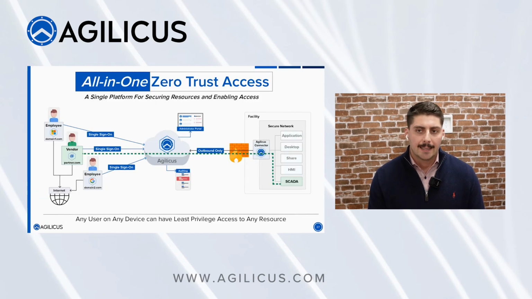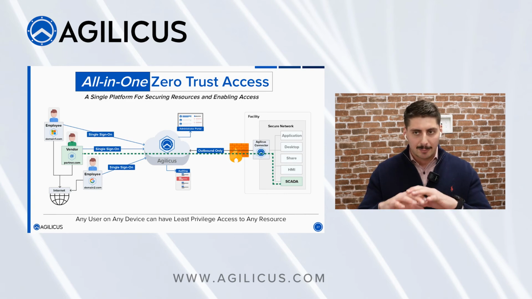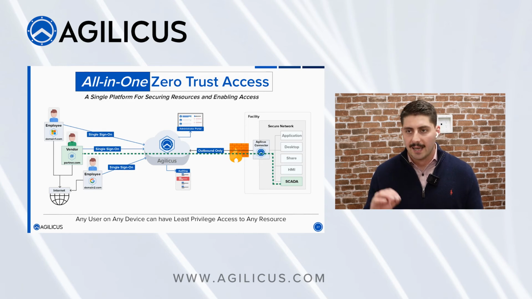This first slide, I mentioned it before at the start, I believe. Agillicus is an all-in-one solution. From a management perspective, the platform itself handles absolutely everything, and it's all to limit human error, right? How do we take all these decisions where you're making ACLs, you're creating accounts, you're forgetting if that vendor still works for you or not?